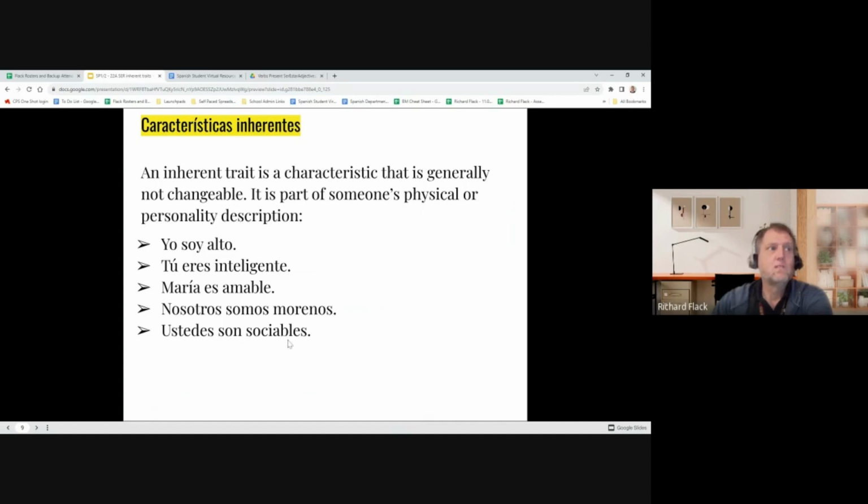Ustedes son sociables. You are sociable. Personality traits. So I try not to think about permanent. We don't want to say permanent because everything could be changed, but we want to think of inherent traits as part of someone's physical description or personality description.